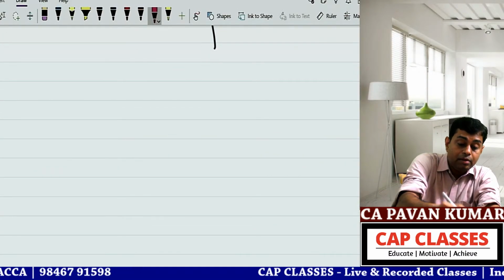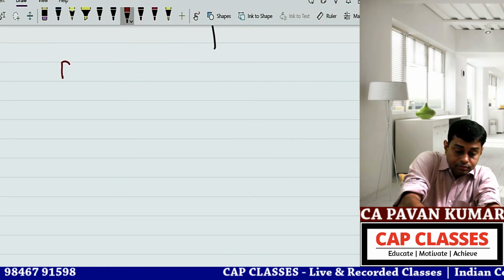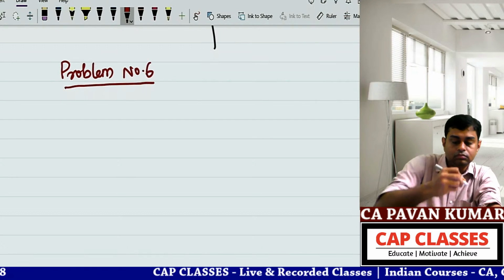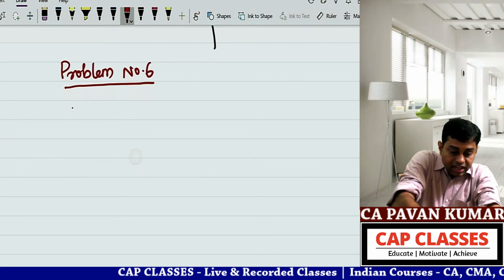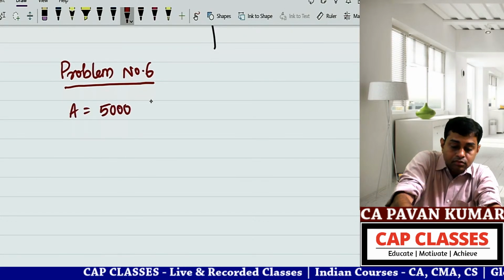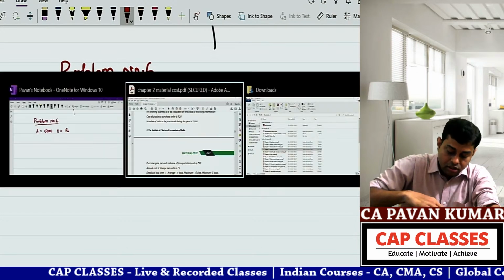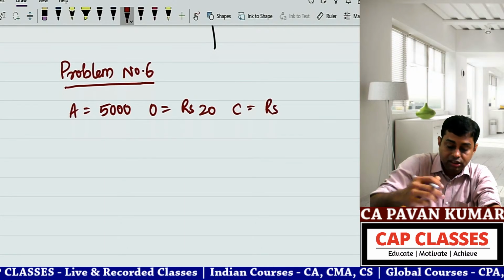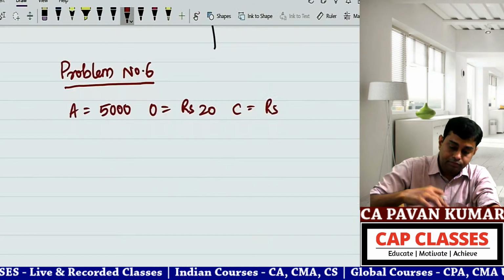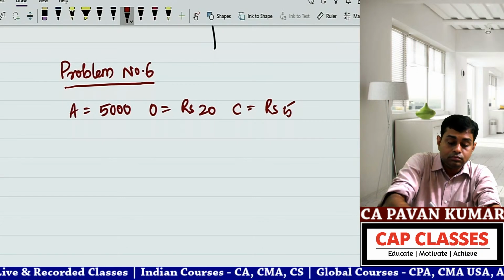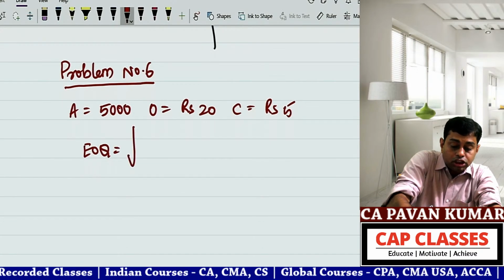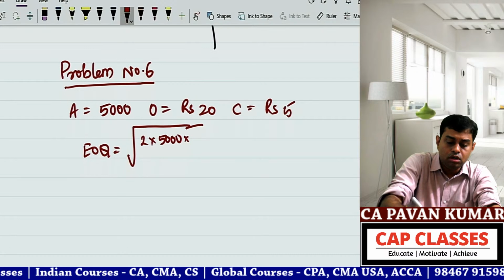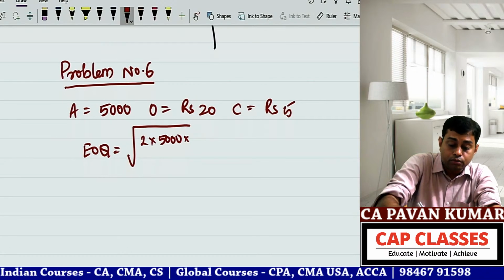If you can solve the problem, tell me the answer. Problem number 6. A is equal to 5,000. O is equal to rupees 20. C is equal to rupees 5. EOQ is equal to square root of 2 into 5,000 into 20 divided by 5. First write the formula and then you can continue.